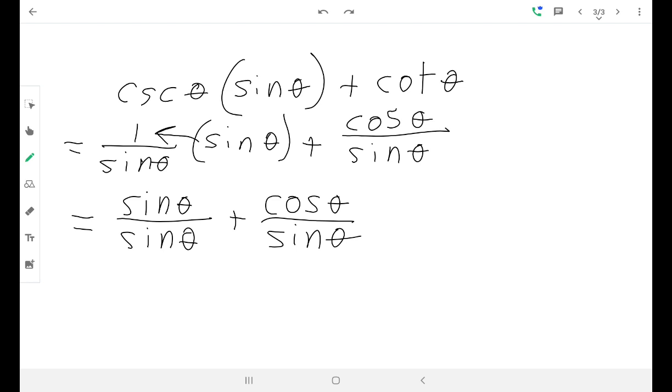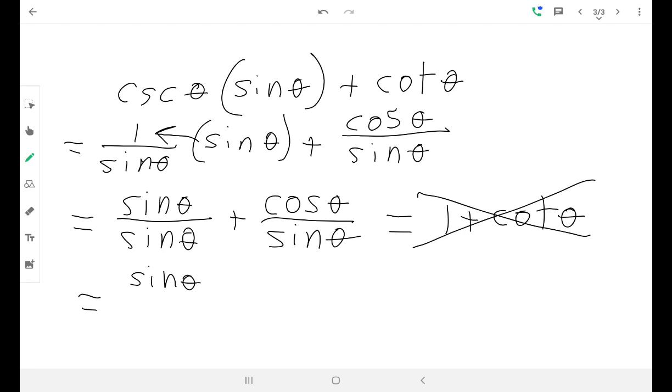I suppose one way of writing this answer, and this isn't necessarily our final answer, is 1 plus cotangent theta. That's one way of writing this, but I'm going to ignore that possibility because it doesn't really take us to a lot of different places. I'm going to look at these common denominators here, and because I have common denominators, I can write the top added together.